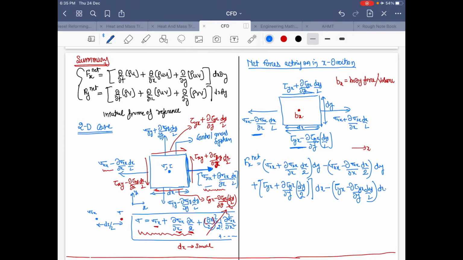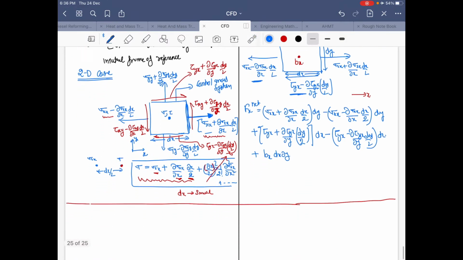So this is the net force acting on the control mass system, and there is one body force, plus body force in x into volume, that is dx into dy, and the width is 1 meter, or you can say unity. So these are the total forces acting on our control mass system.